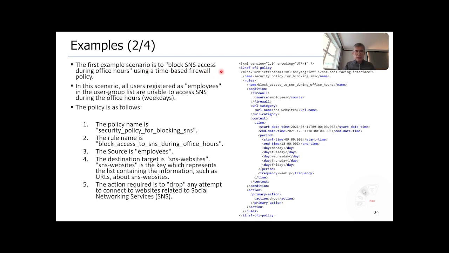And secondly, this is the first example: block SNS access during office hours using a time-based firewall policy. Basically, this I2NSF security policy has this policy name, and the rule is to block SNS access during office hours.